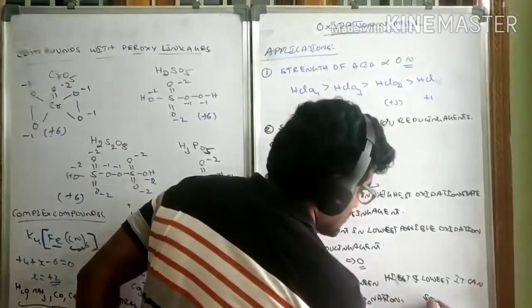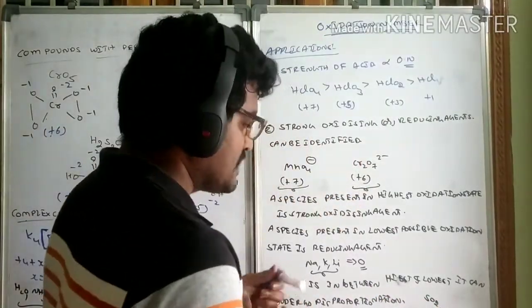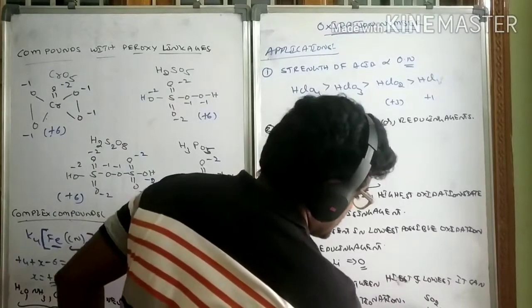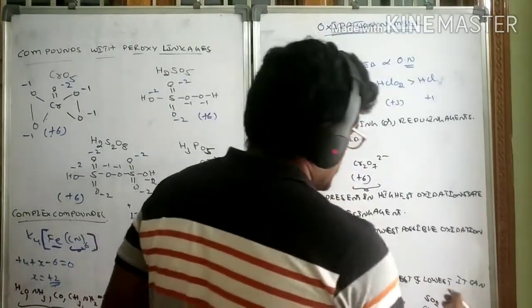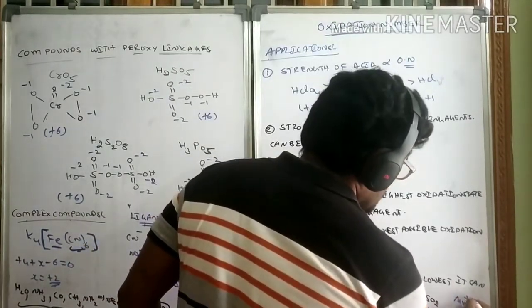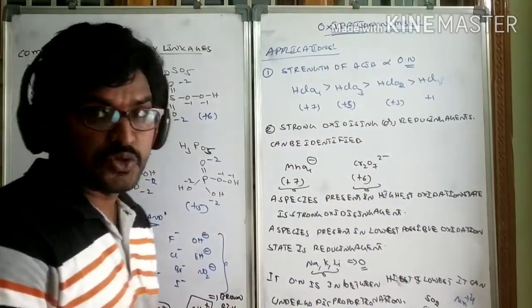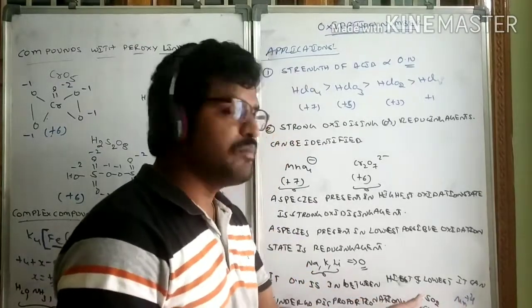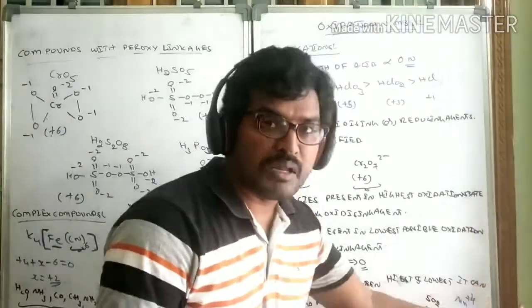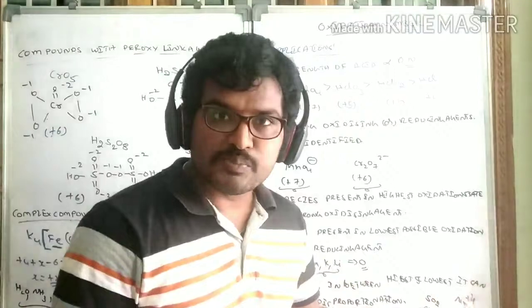Let us take for example SO2. In SO2, sulfur is present in the +4 oxidation state. Similarly Mn+4 is in between, so Mn+4 can become Mn+7 and Mn+2. So it can undergo disproportionation.